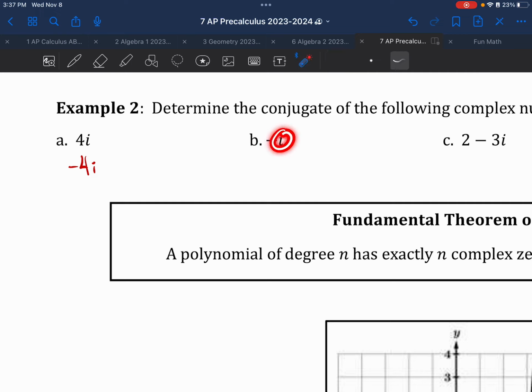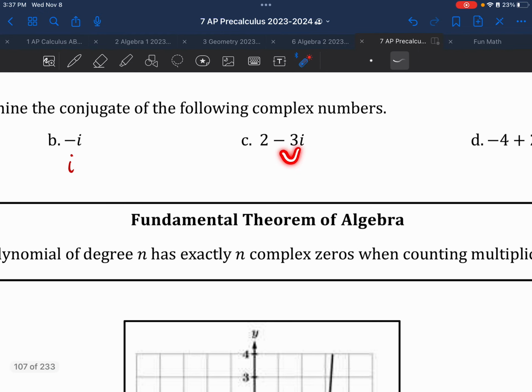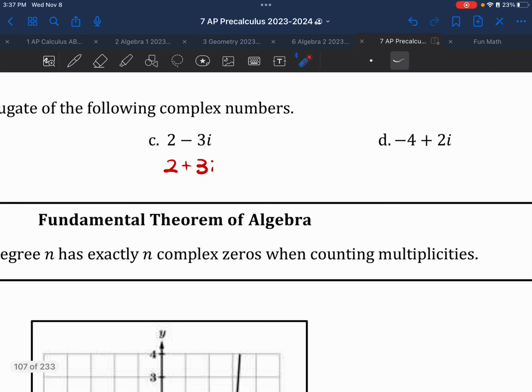Okay, the sign in front of this i was a negative. Therefore, its pair is a positive i. All right, this is a 2 minus 3i. The sign in front of the imaginary was a minus, so it turns into a 2 plus 3i. And the sign in front of this imaginary term was a plus. We'll switch that to a minus 2i. So this is a -4 minus 2i.